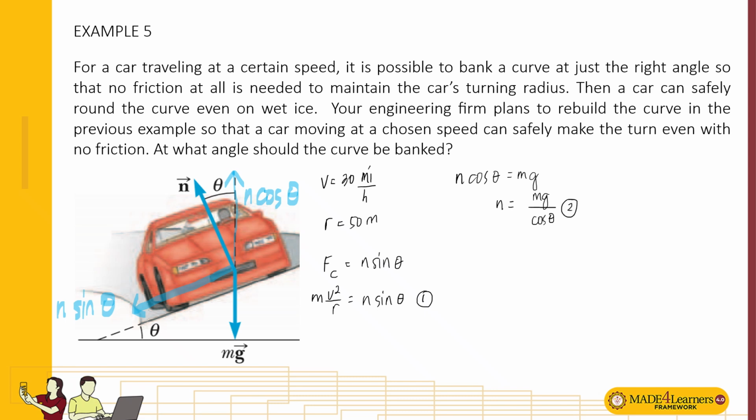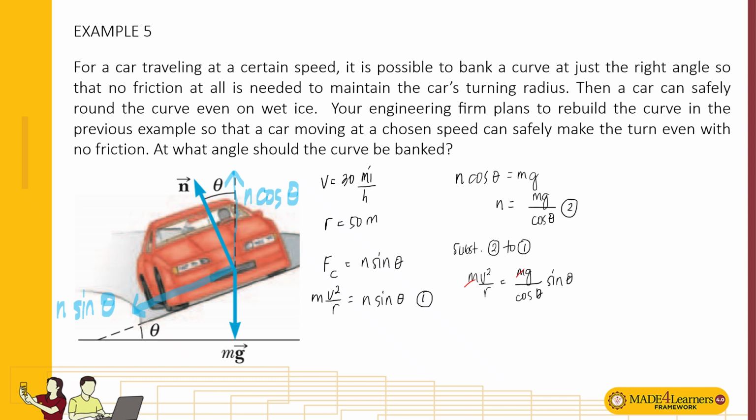If we substitute equation 2 into equation 1, we have mv squared over r equals N, which is mg over cosine theta, times sine of theta. So we can cancel out the m's here, and then we are going to solve for angle theta that is required in the problem.